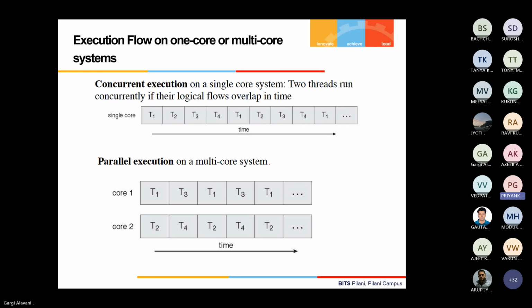So what I'm trying to say is, I have a single program. Inside it, I have multiple processes. Inside the process, I have multiple threads. That is my understanding, correct?